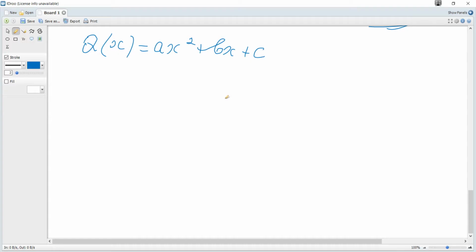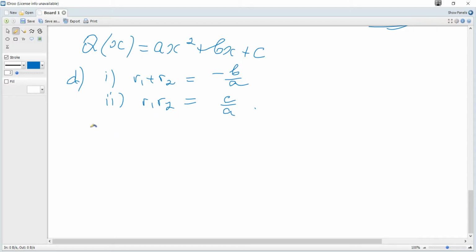Let r1, r2 be the roots of q of x is 0. (d) Write down an expression for the sum in terms of a and b, 1 mark, and the product of roots. So just use the sum and product rule. The sum is -b over a, the product is c over a, and that's all.